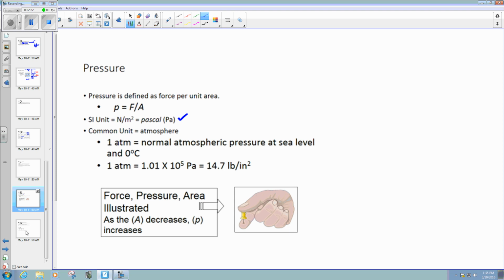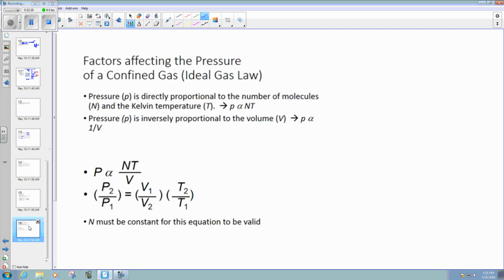And what we'll be looking at here is the ideal gas law, in which we are assuming that the number of molecules is constant, and then we are going to look at the variations of each of these quantities with respect to the other.